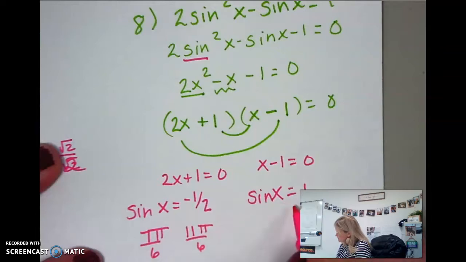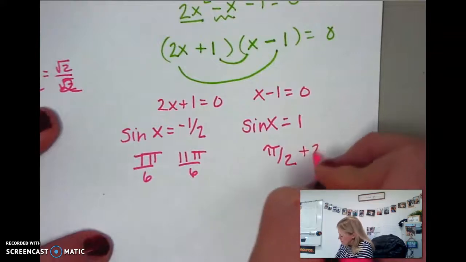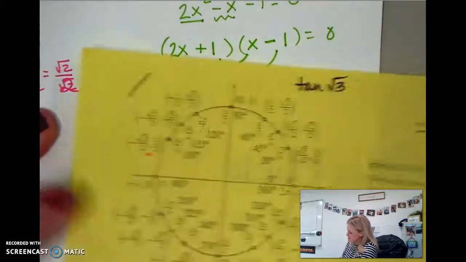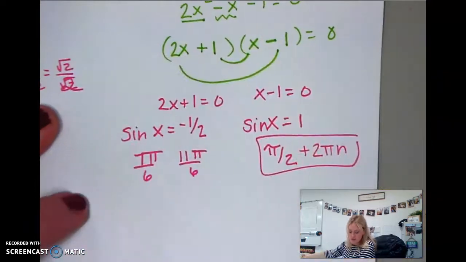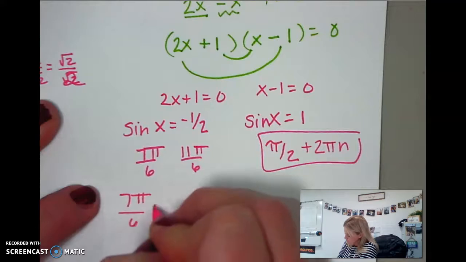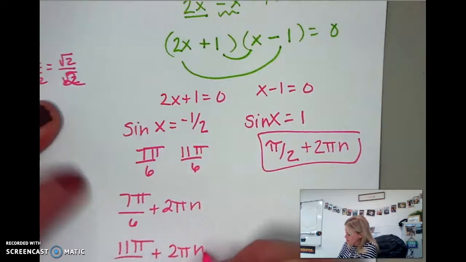Sine is +1 at 1/2 pi. Now, this only happens once every 2 pi. These are not diagonals on the unit circle, so they also happen every 2 pi. So this time we have 3 solutions to our x.